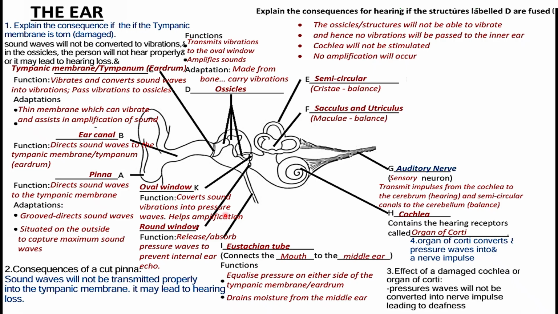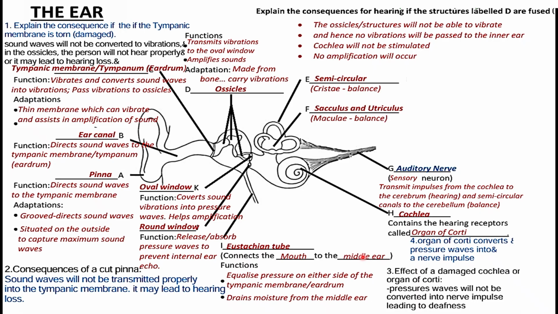So the function of the eustachian tube is to balance or equalize pressure on each side of the eardrum. It also drains moisture from the middle ear. Don't forget, the eustachian tube connects the mouth directly to the middle ear.